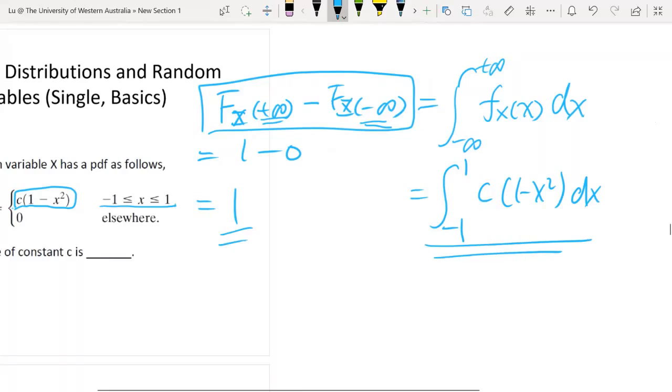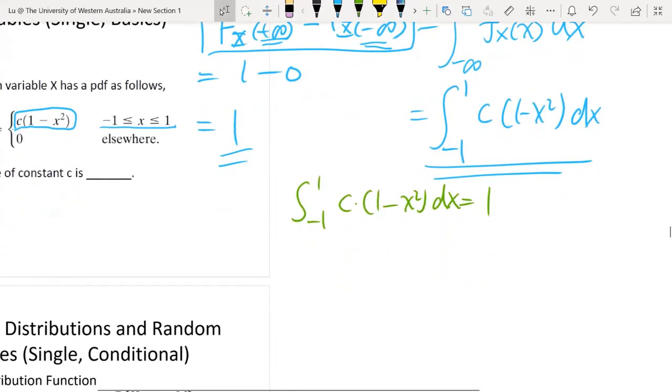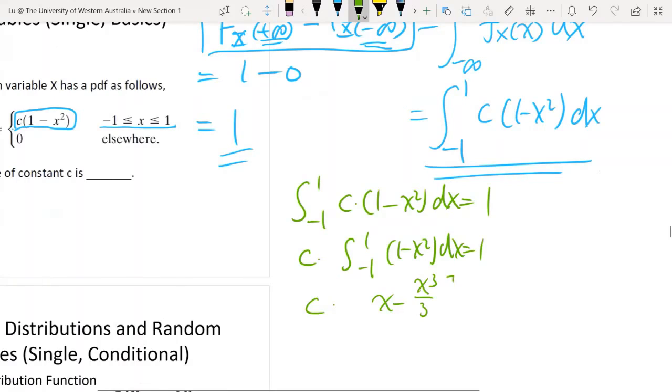So in other words, we can write the integral from -1 to 1 of c times (1 minus x squared) dx equals 1. Then we can just solve it. c multiplied by the integral from -1 to 1 of (1 minus x squared) dx equal to 1, or c multiplied by [x minus x cubed over 3] from -1 to 1 equal to 1.